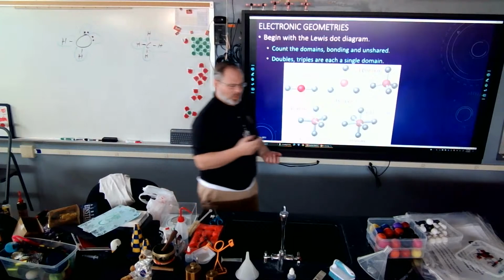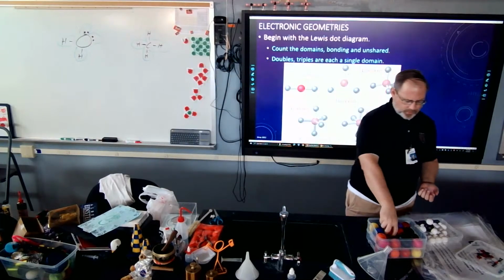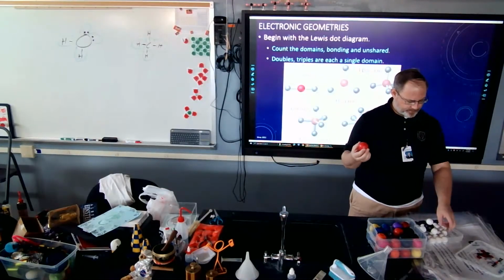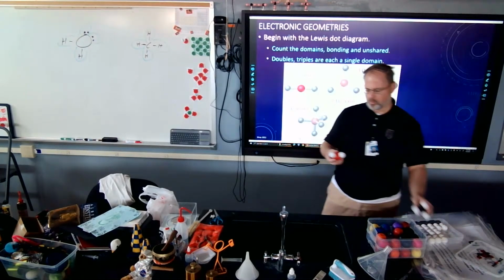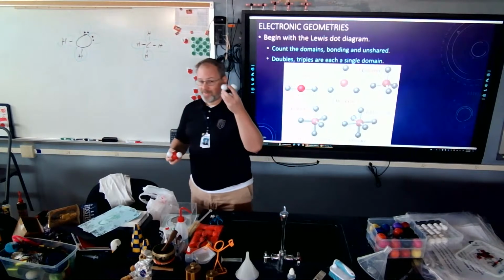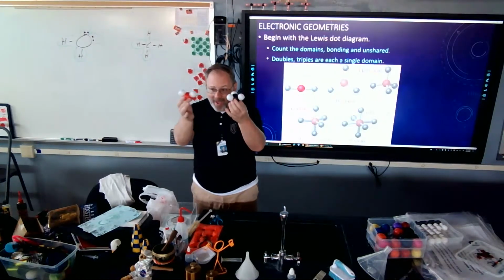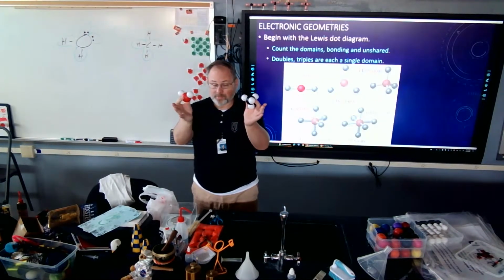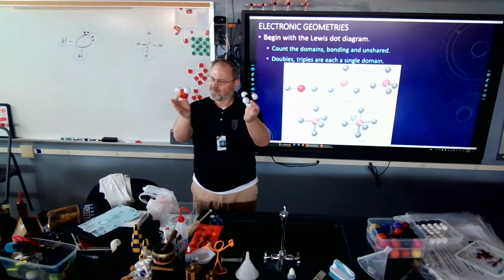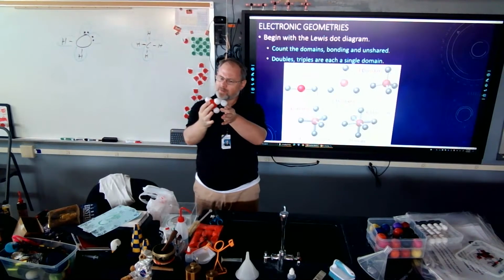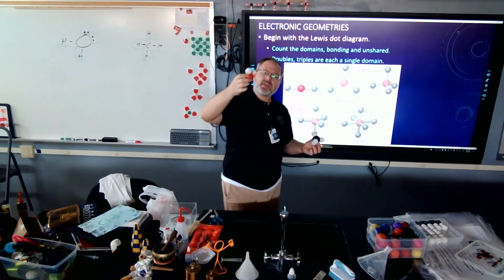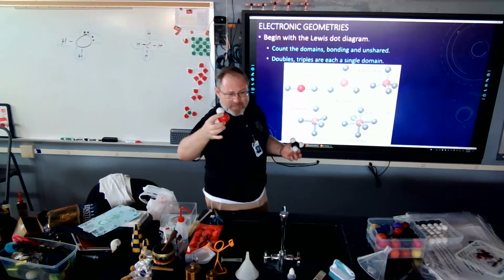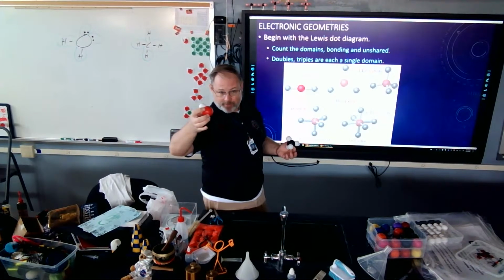But you made water. You took a red, which was oxygen, and you attached to it two whites, which are hydrogen. That and that look very different, right? Well, it turns out the domains you do not see are the unshared pairs.